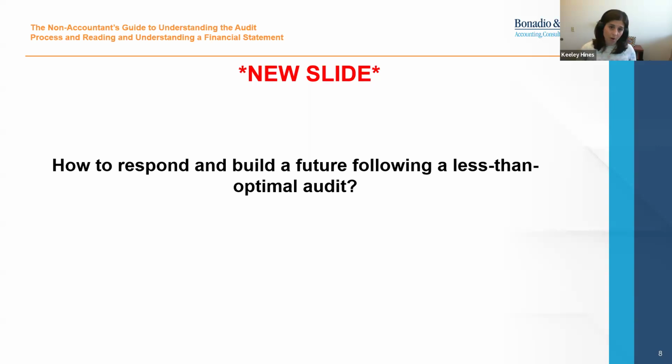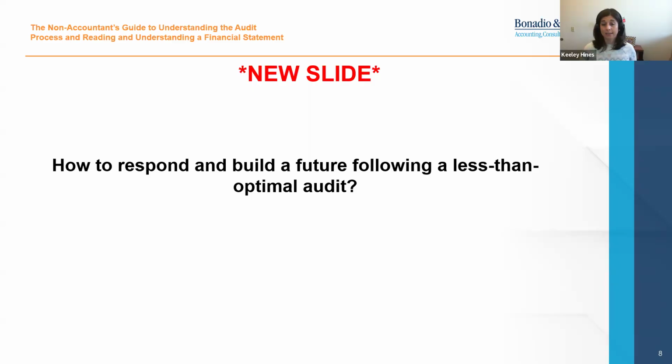So let's quick pause on what is a less than optimal audit. Maybe it is that there were findings and the auditor said, you know, hey, your internal controls are not really operating appropriately or effectively. You have a lack of segregation in duties.